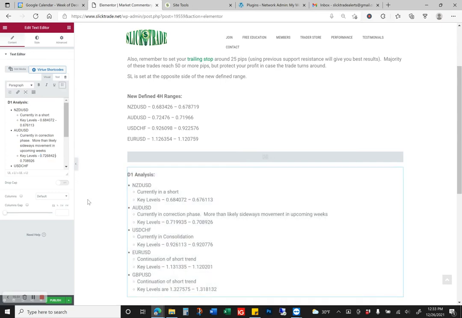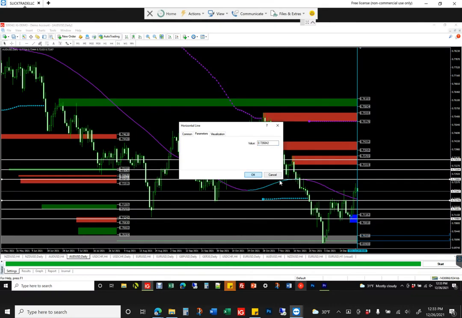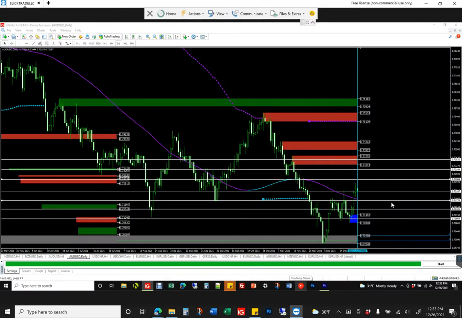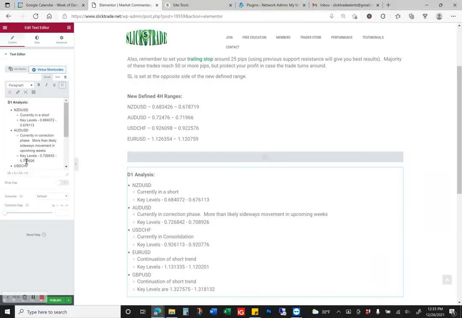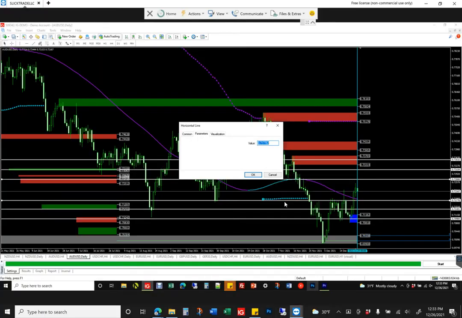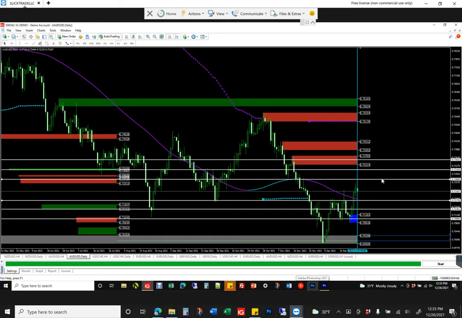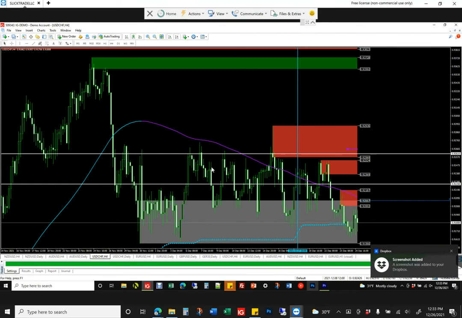That's still holding true. I'm just going to keep that same explanation there. Okay. Lock those in place and grab a screenshot. Dollar franc, 4 hour here.